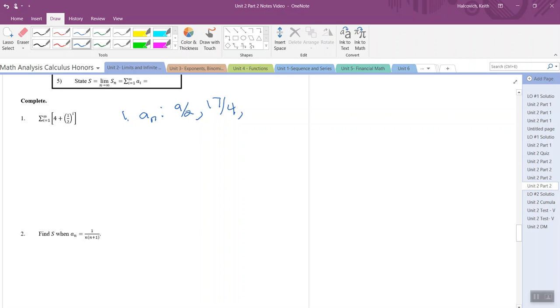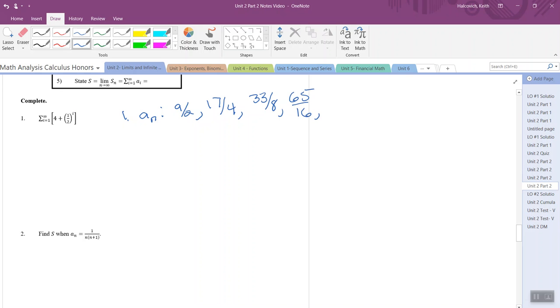And then 1/2 to the third is 1/8, so 4 plus 1/8 is 33/8. And then if I put 4 in, 1/16 plus 4 is 65/16.